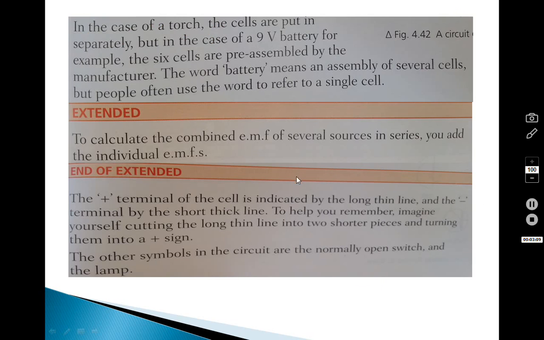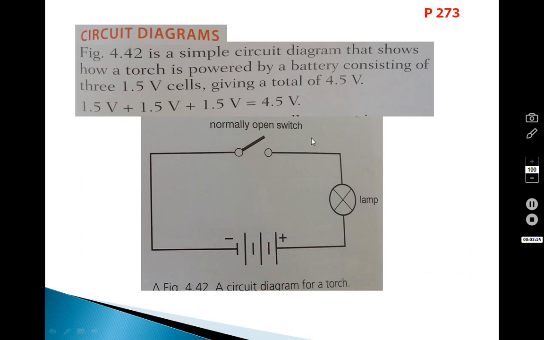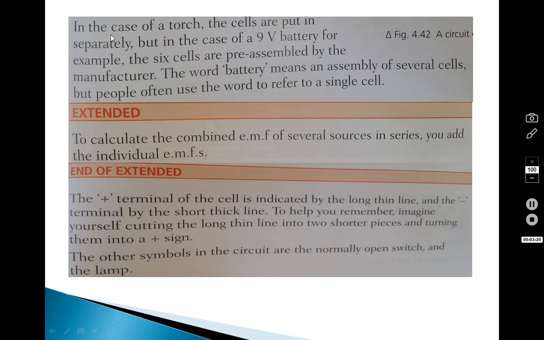Now, in the case of the previous circuit, the circuit diagram of the torch, the cells are put in separately. But in the case of a 9-volt battery, for example, the 6 cells are pre-assembled by the manufacturer itself.